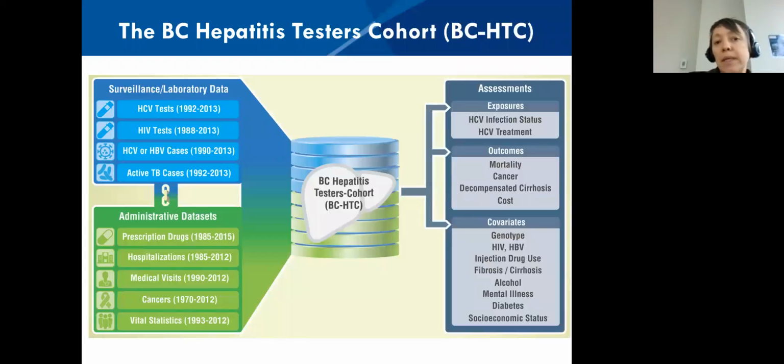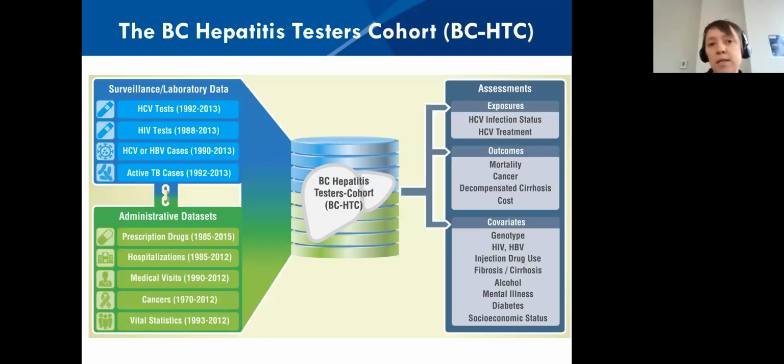The BC hepatitis testers cohort is the data source that I used to create the cascade of care plots that you'll see shortly. This cohort includes cases of hepatitis C based on laboratory data, also positive testers for HIV, and also reported cases of hepatitis C, hepatitis B, active tuberculosis, and HIV.